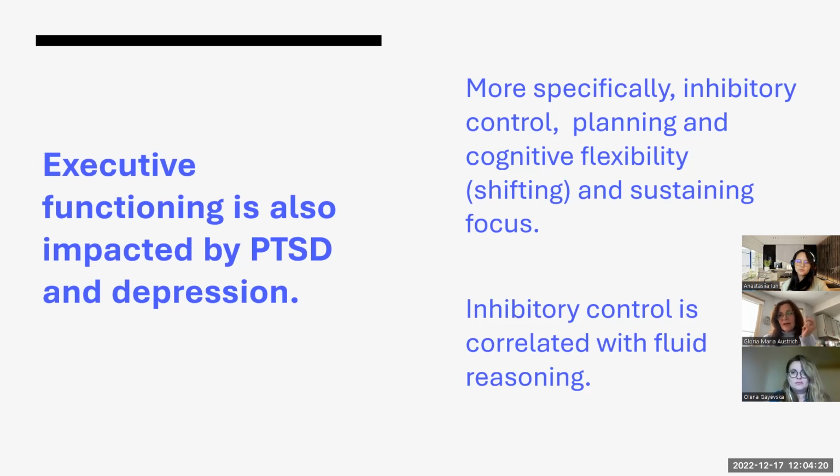You're going to automatically do a response that you've done in the past, and it's probably going to be one that wasn't effective. So it's really important to remember this. Kids with depression or PTSD and trauma, the inhibitory control really will impact fluid reasoning. It's like doing the same thing wrong over and over again, using the wrong strategy again and again.